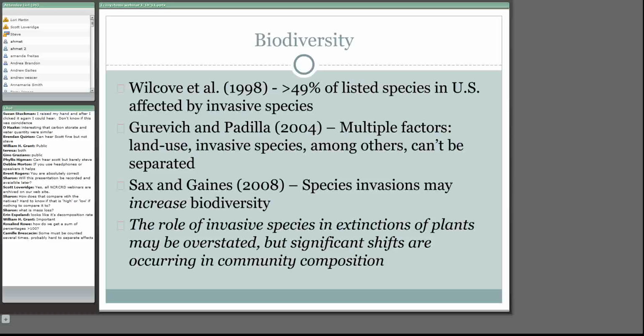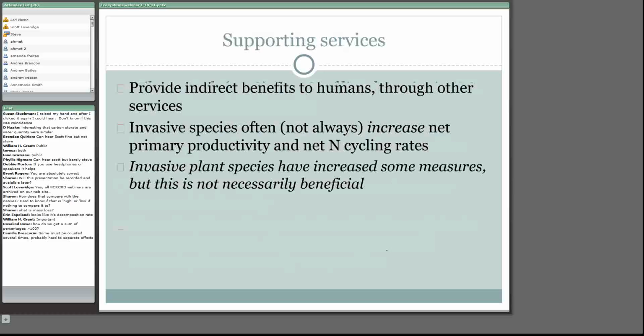So we can see these changes occurring. If we talk about the supporting services, they provide indirect benefits to humans through other services. Invasive species often, but not always, increase net primary productivity and net nitrogen cycling rates. Invasive plant species have increased some measures, but this is not necessarily beneficial. And I'm going to give an example of that here in a couple of slides.